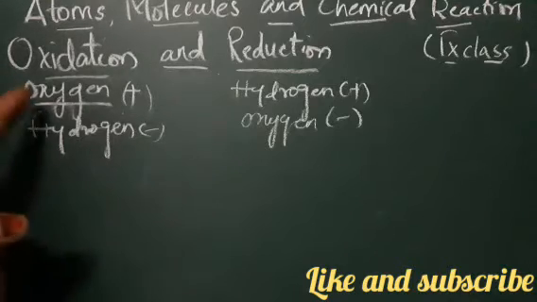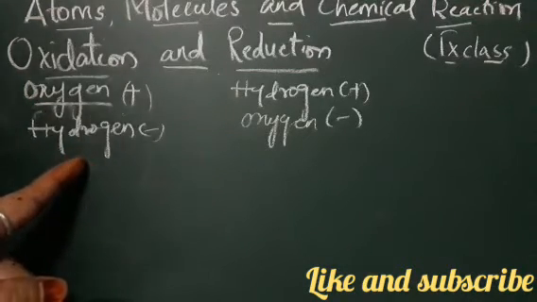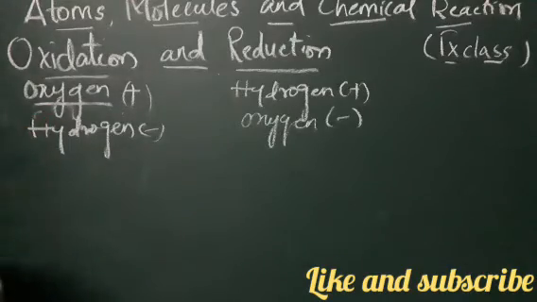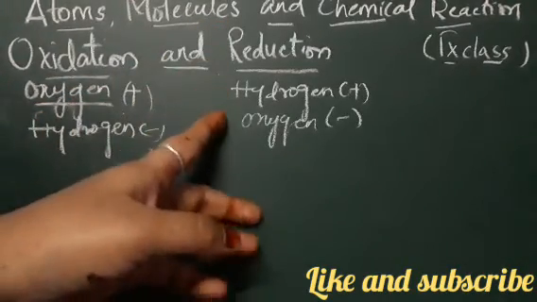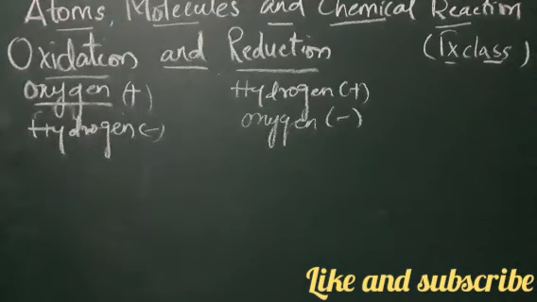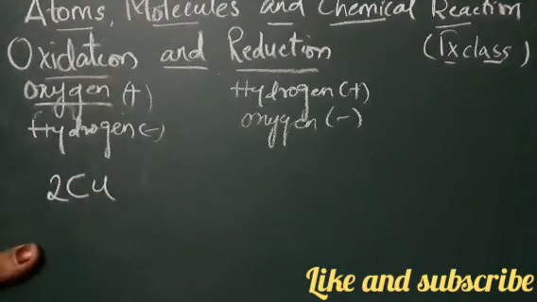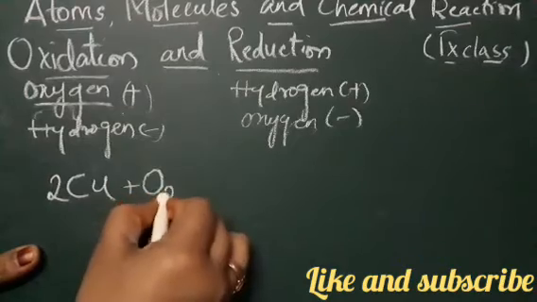So addition of oxygen to the substance or removal of hydrogen atom is called oxidation, and addition of hydrogen atom and removal of oxygen is called reduction. For example, we are taking copper, two copper molecules plus oxygen.